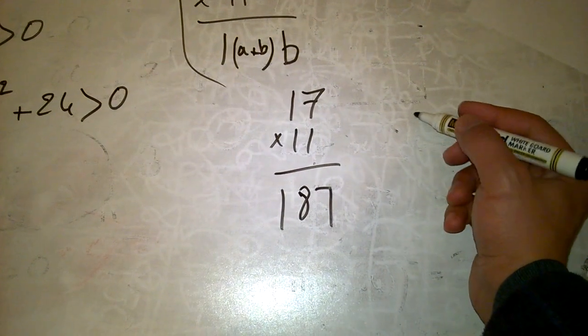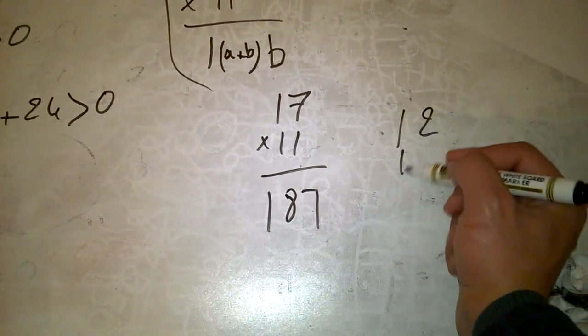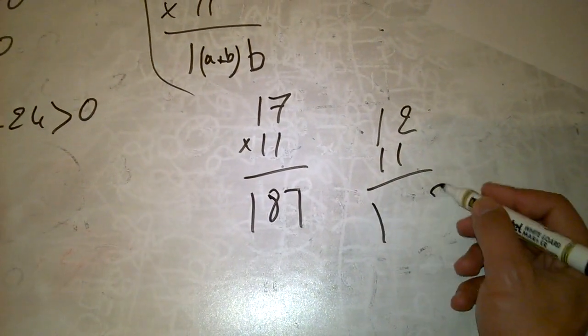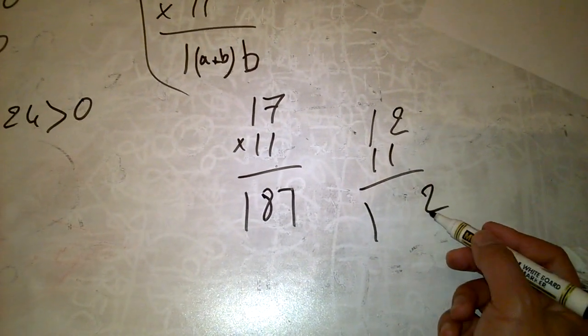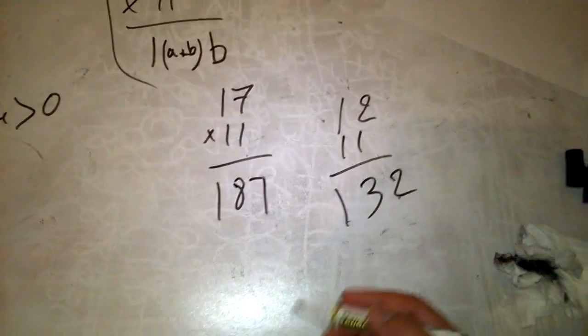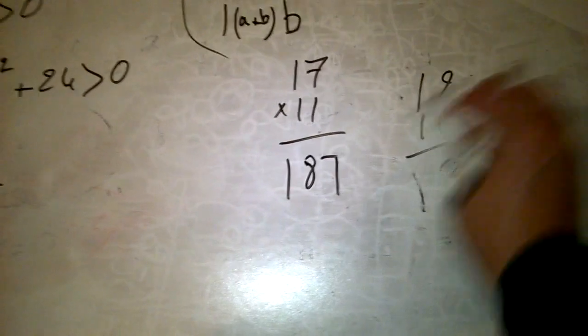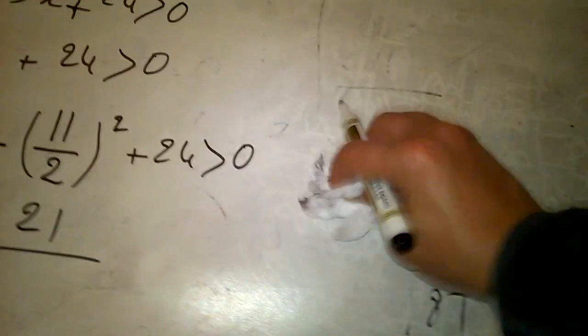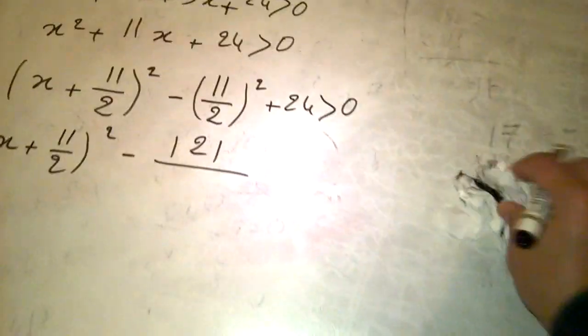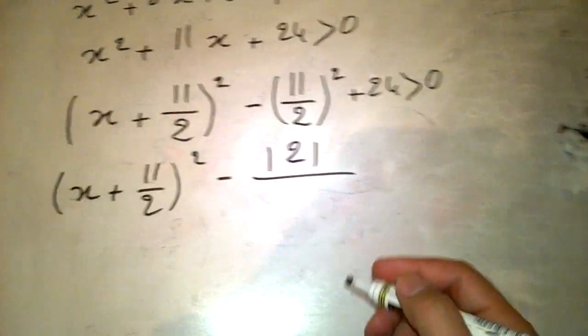If it's 12 times 11, you put 1 and 2 here, and in the middle you add 1 and 2, which is 3. I think you'll know it already. I don't know why I'm wasting your time, sorry.